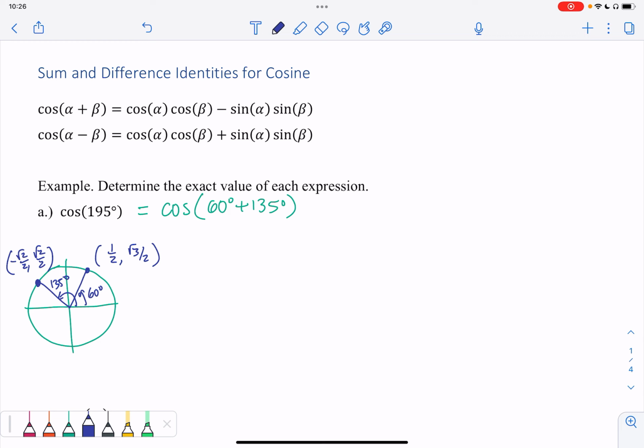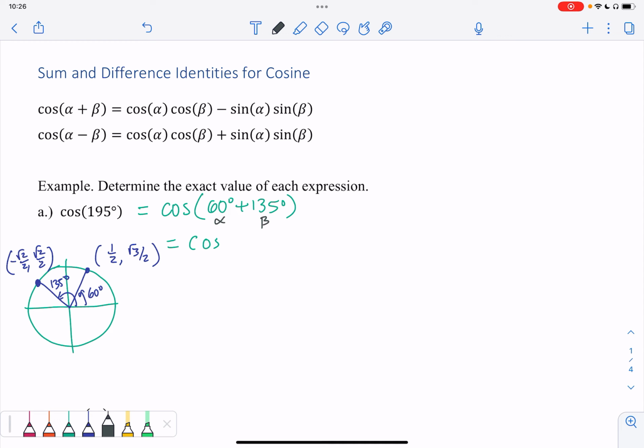Okay, so given that I have that, now I want to think, what are we doing here? Well, cosine of 195 degrees is the cosine of 60 plus 135 degrees. Now this is only helpful because the formula ends up breaking this down into cosine 60. Well, let's go back. First, I want to call 60 my alpha and 135 my beta.